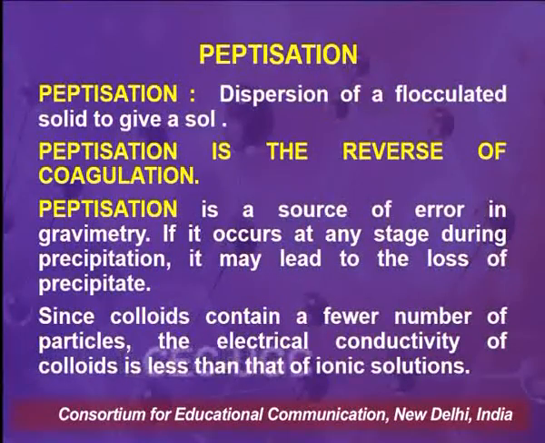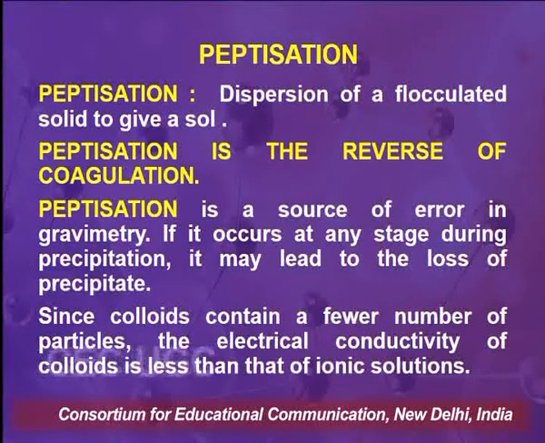Peptization is an error which is associated with gravimetry. It is the dispersion of a flocculated solid to give a sol. That is, what we require in gravimetry is a precipitate which can be filtered out. However, the reverse, that is the conversion of a precipitate into a colloid or a sol, as we have just said, sol is a lyophobic colloid.